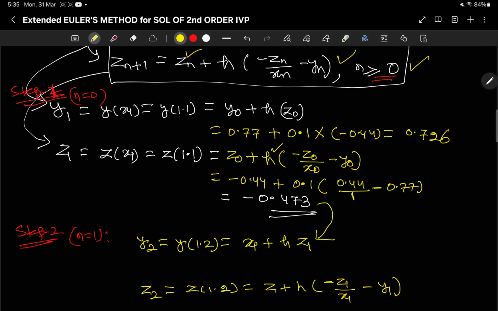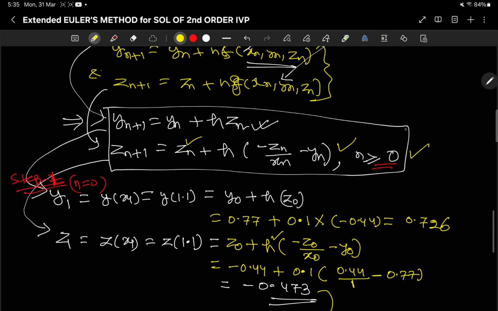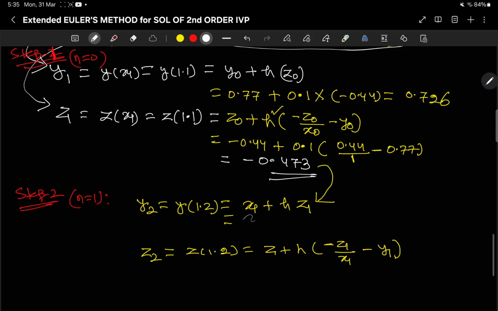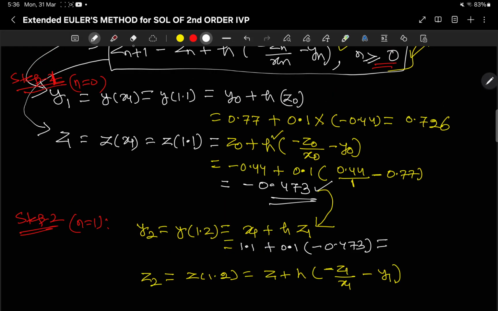That's why the simultaneous equation is needed here. Simultaneous. So z1 will come from this. If we simplify it, x1 is 1.1, plus h, which is 0.1, into z1, which we calculated here as minus 0.473. If you simplify, it is y1 plus this.